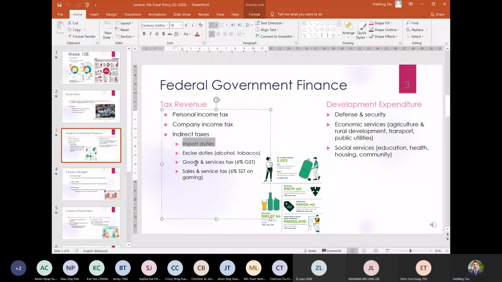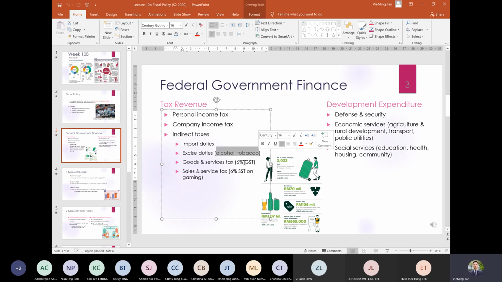Besides that, goods such as alcohol and tobacco, cigars, are usually not really good for the citizen. It's harmful for the citizen in terms of health.